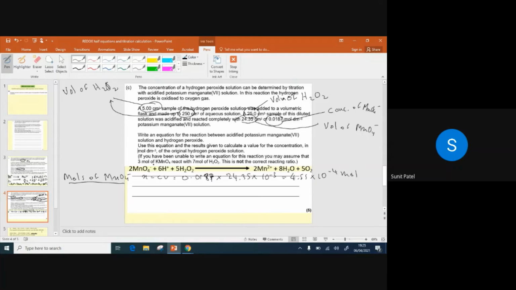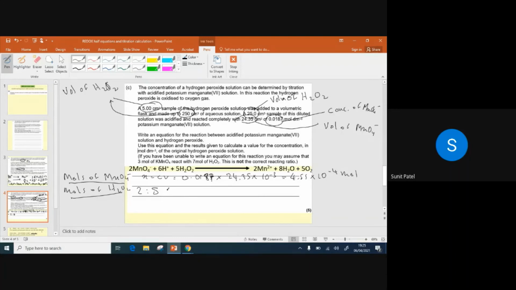Now, how many moles of the hydrogen peroxide do we have present? Well, we can work that out from our balanced equation. We've got a ratio of 2 MnO4- to 5 H2O2.